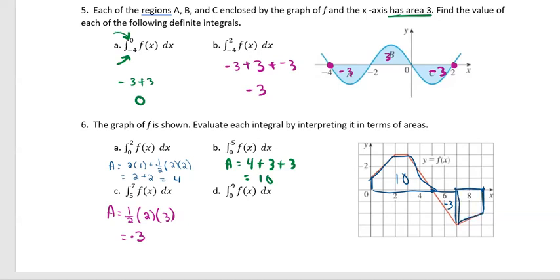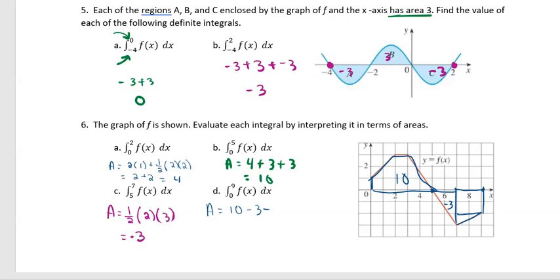So let's see, what can we do to make some areas there? I think I'm going to split it right here and make a square and a triangle. So I have the area is 10 minus our 3, and then this whole piece is below the axis as well, so it's going to be minus.